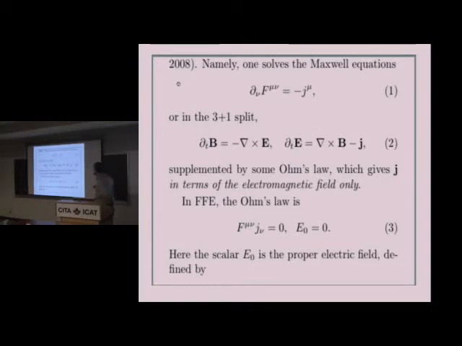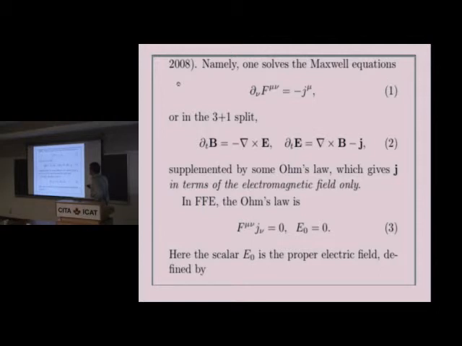So here it is. Let's now become purely formal. This is the proposal then to be checked. Maybe we can describe the pulsar magnetosphere, the electromagnetic field around the pulsar, by solving the Maxwell equations. Now to solve this Maxwell equation, in the 3+1 split it becomes just this.